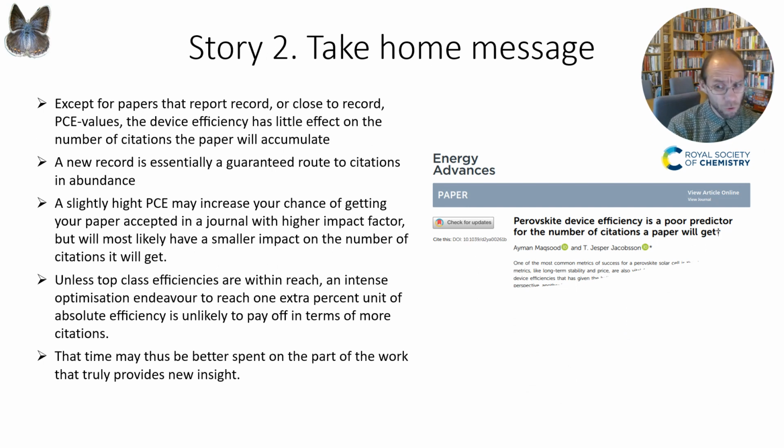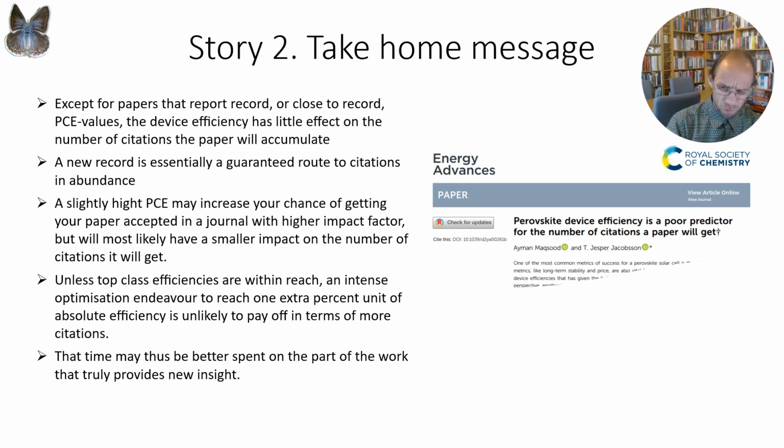The take-home message from this analysis is that except for papers that report record efficiencies or close to record efficiencies, the device efficiency has little effect on the number of citations the paper will accumulate. Of course, a new record is basically a guarantee of citations in abundance.